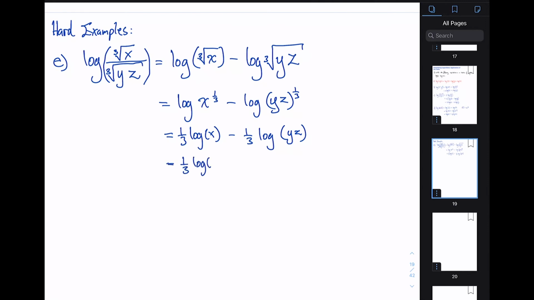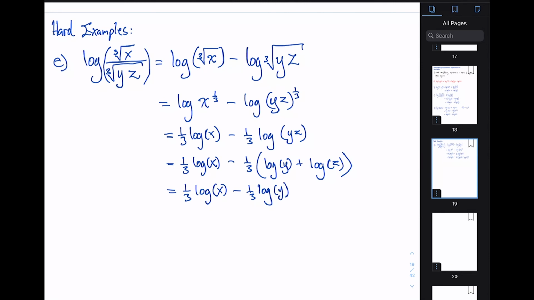We have 1/3 log of x here minus 1/3, and now I'm going to do open bracket, the log of y, that's actually plus. So the log of our product is the sum of the logs, log of z. Okay, and now we end up with 1/3 log x minus 1/3 log y minus 1/3 log z, after distributing.